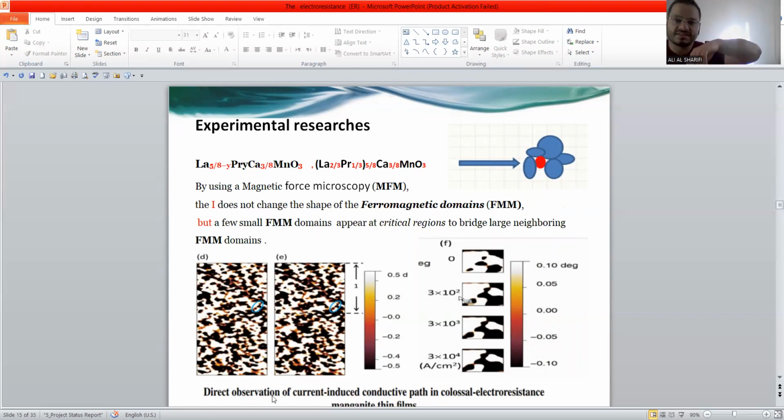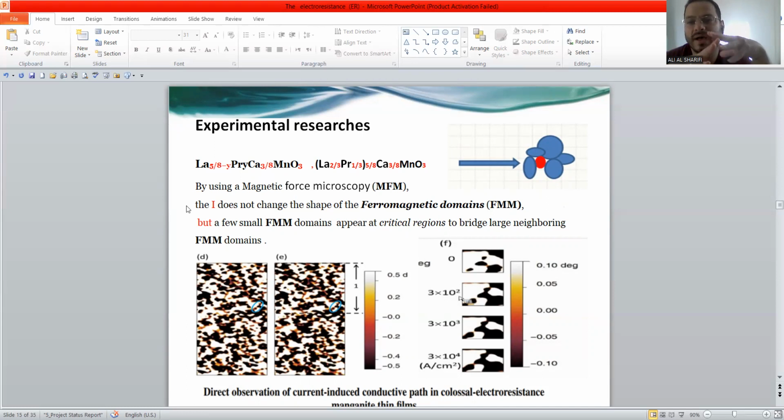Here we have many metallic atoms, but between them we have insulating regions. Let me keep going. The current doesn't change the shape of the ferromagnetic domains, but a few small microscopic ferromagnetic domains appear at critical regions.